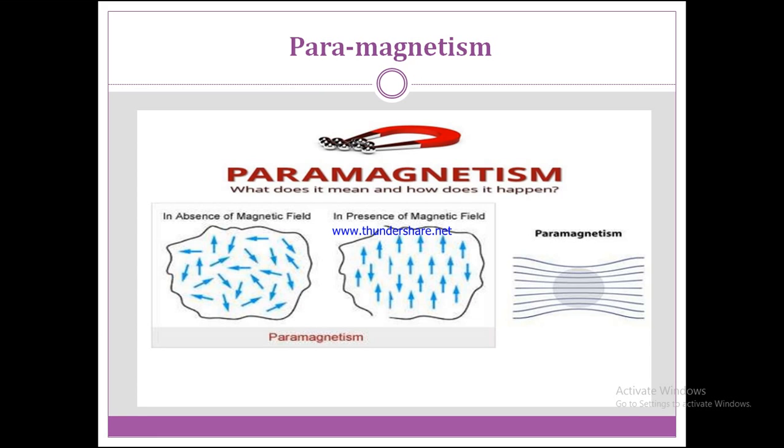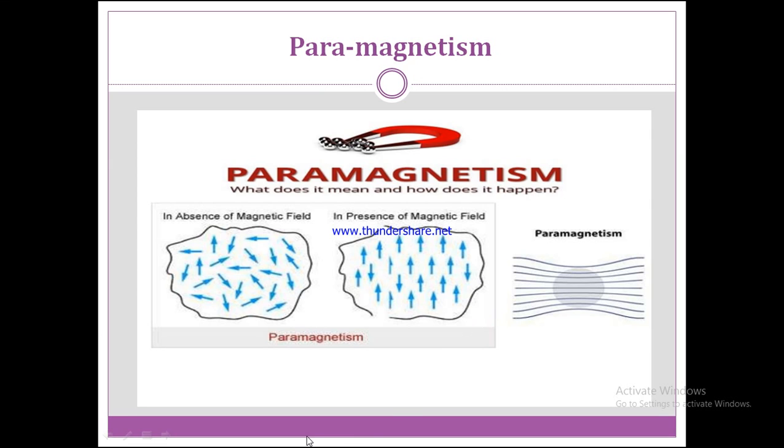whereas when a magnetic field is introduced to the paramagnetic material, the magnetic dipoles are present in such directions, either upward or downward, and the direction of all the magnetic dipoles becomes the same.